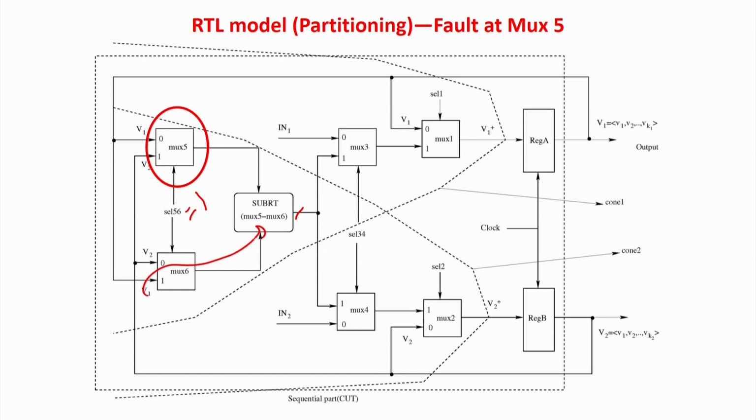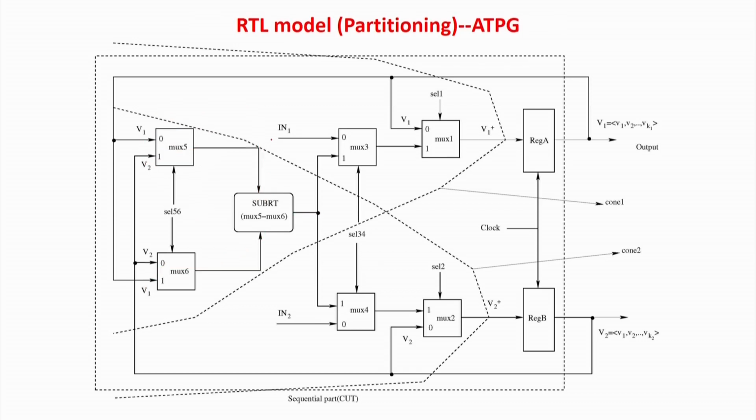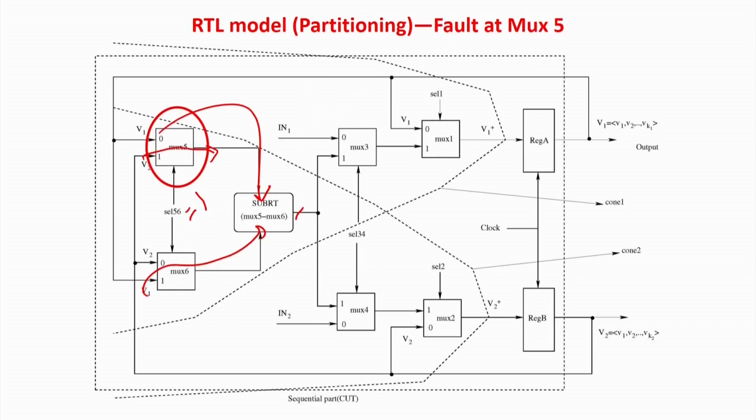Here equal to 1 means V2 should come out, but it will not. V1 is going to come out, and because of this swap it will be V1 minus V1, and the answer is 0.